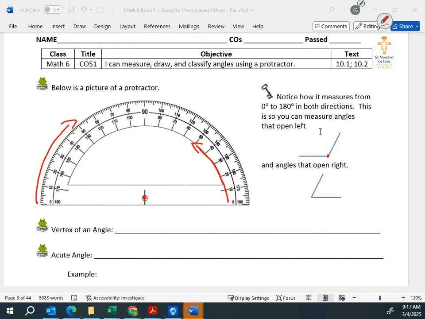For you, you have that circle in the middle, and you can see that line going straight across through your circle. You want to make sure the line on the paper lines right up with that line of the angle. So the line on your protractor lines up with the line on your paper.